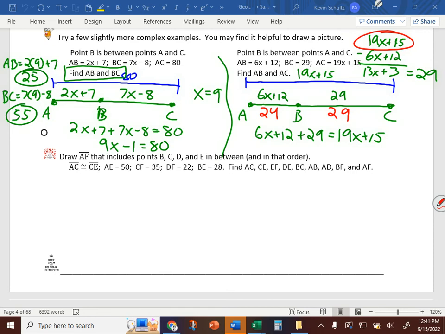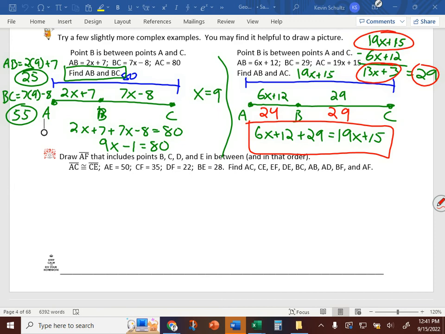So 19x minus 6x is 13x. 15 minus 12 is 3. So this 29 that was left over is equal to that expression. That allows us to solve for x. Most of you probably set it up like this, which is fine too. Okay, that's just another way.